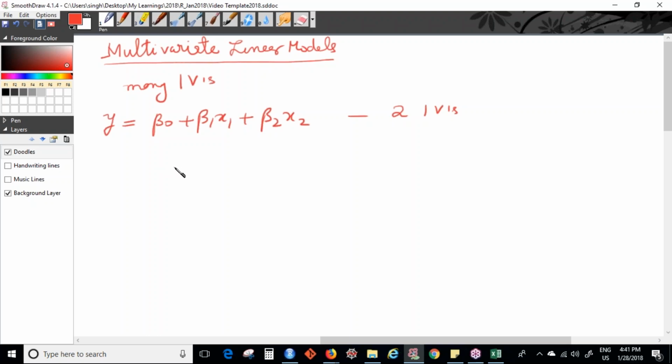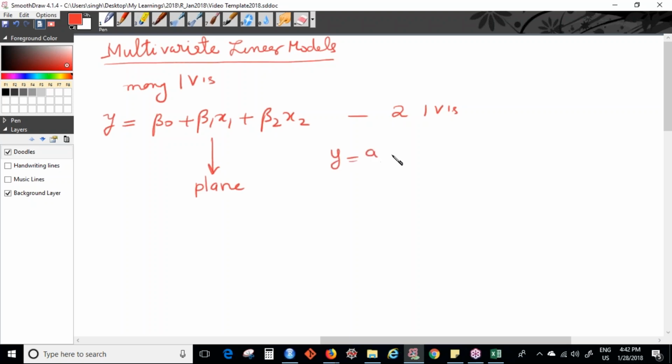No, this is not a polynomial. This is the equation of a plane. Remember, in class 10 you would have studied the equation of a plane.